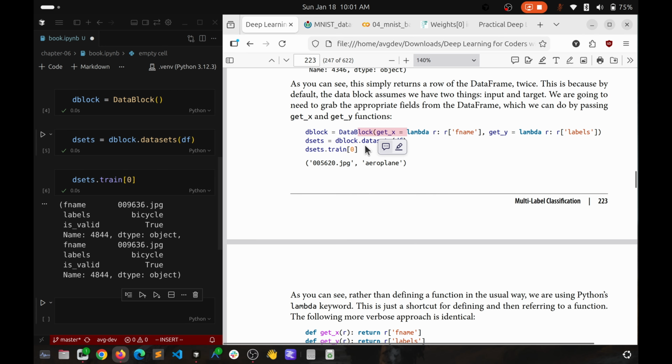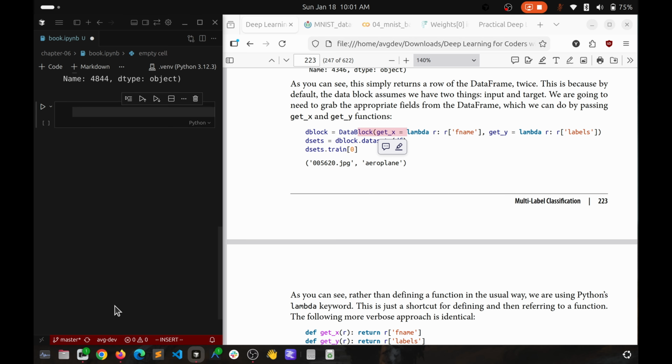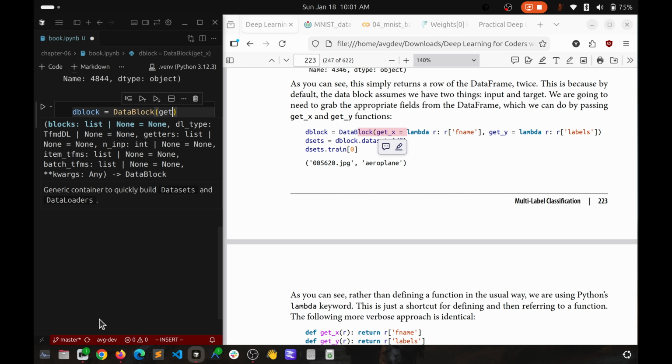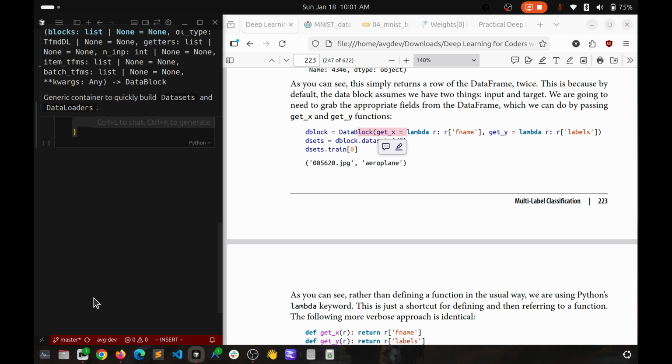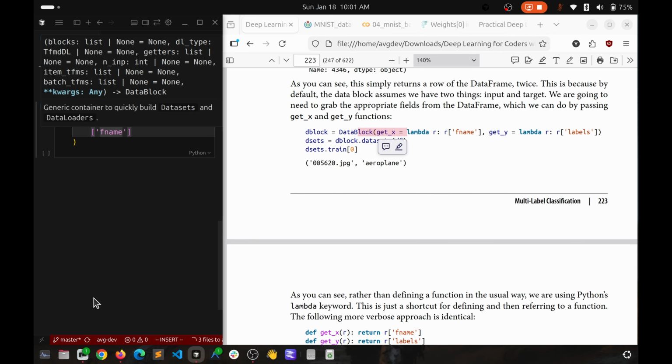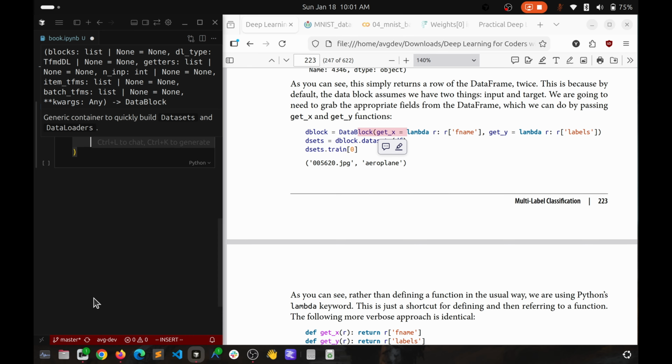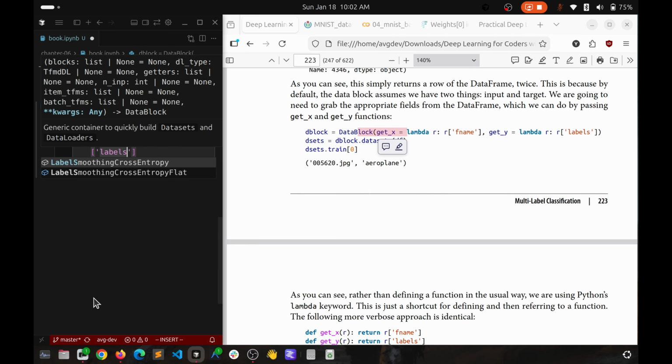Oh, we had to modify this. So dblock is going to be a DataBlock. get_x is going to be the function that we need to provide, so let's make a new line here. get_x is a lambda: lambda r, take the first name, the file name. And then we're going to define get_y, which will be the labels: lambda r, the labels.